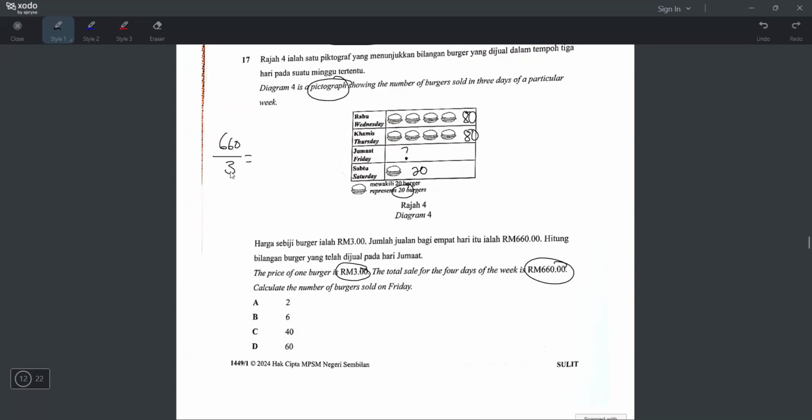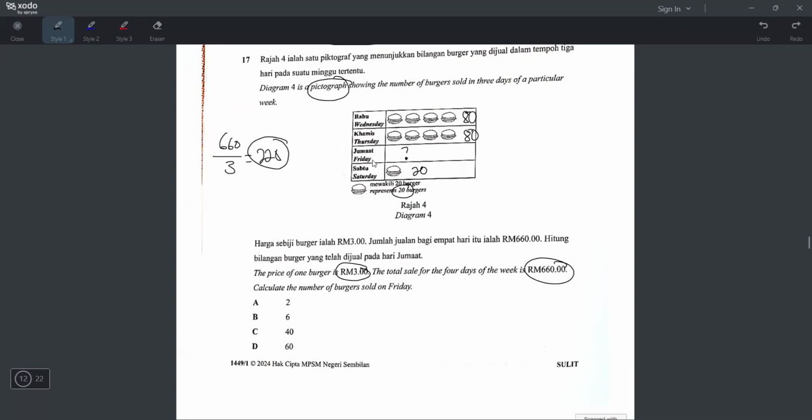So 660 divide by 3, you get 220. That means in the 4 days he sold 220 burgers in total. You understand, right? Because when you take the total sale divided by the price of one burger, you get the number of burgers he sold.